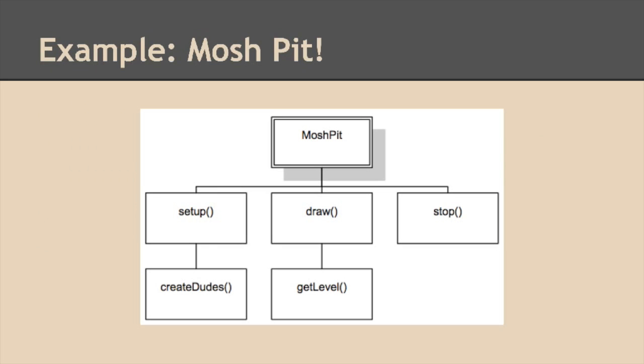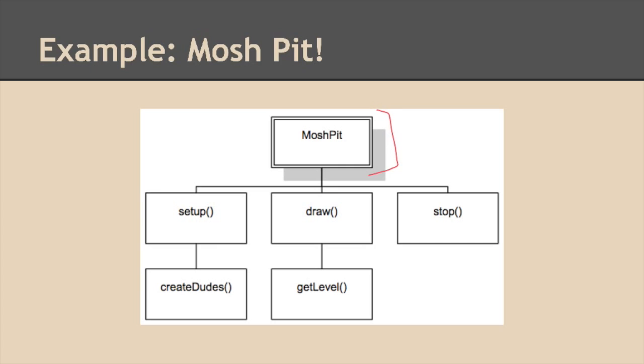So now we're turning our design attention to the actual application program, and this one we'll design in a similar manner to how we designed Solo Pong in Chapter 6. That is, we're going to design the application program using our top-down methodology. So our Mosh Pit is the application that we're designing.